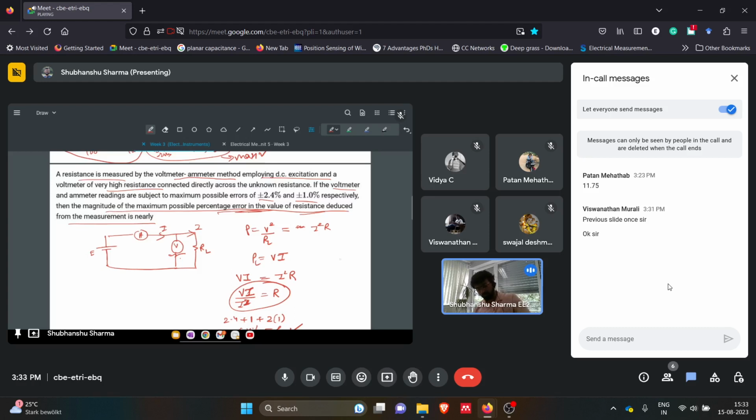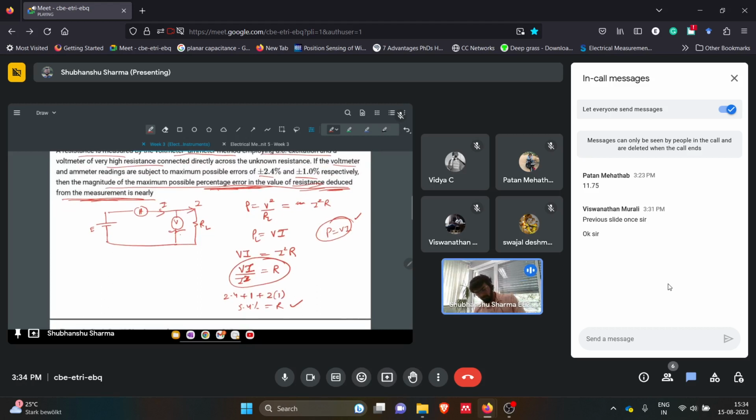P equals VI, so this is the percentage error in power. But if they are asking for the maximum possible percentage error in the value of resistance deduced from the measurement, that's why I went for this. I may be wrong, and I also thought like VI. Getting my point?